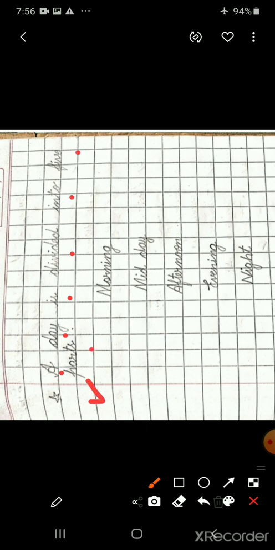Like this you also will write. On the first line you will write morning. On the second line you will write midday. On the third line you will write afternoon. On the fourth line, evening. And on the fifth line you will write night.